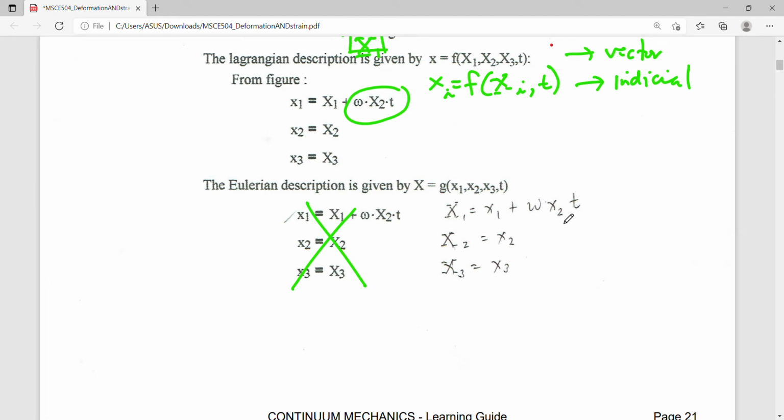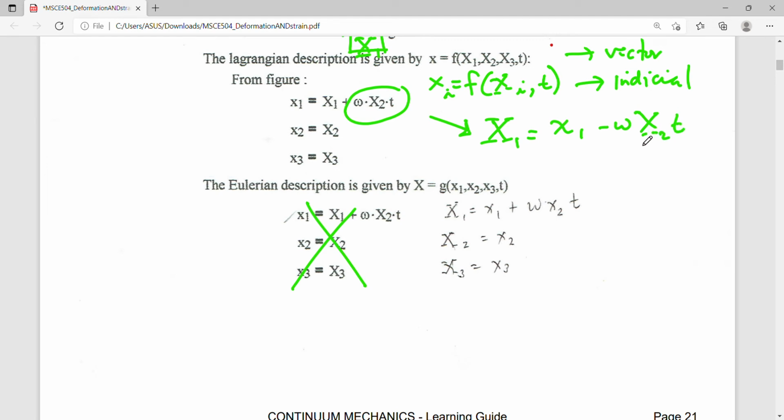Okay, so it's a simple algebraic manipulation. If I have this equation, how do I solve for capital X1? I simply transpose this to the other side, so this becomes small x1 minus omega capital X2 multiplied by t.